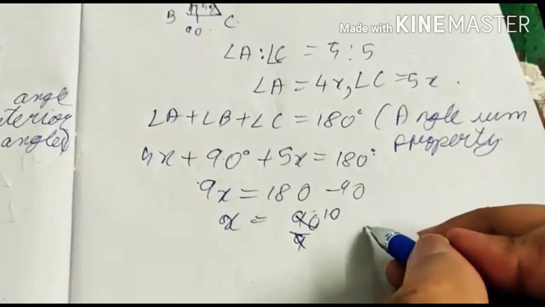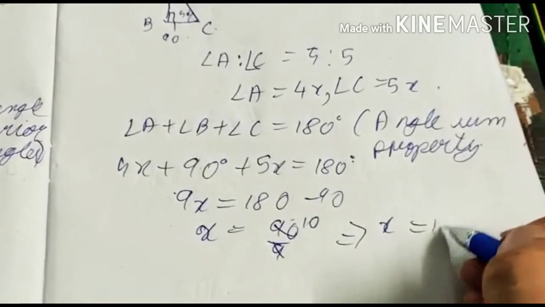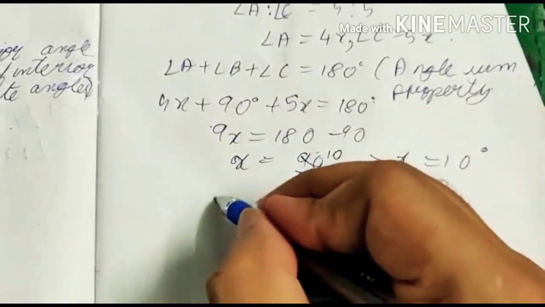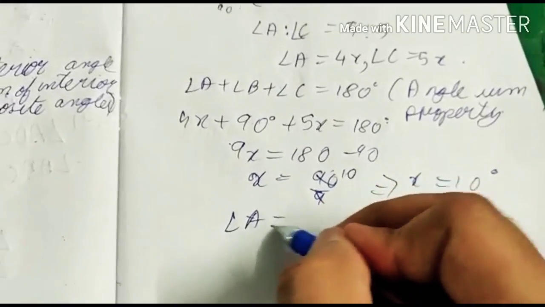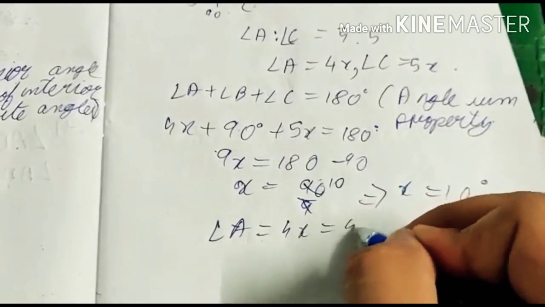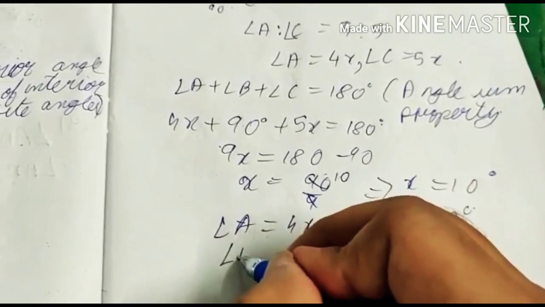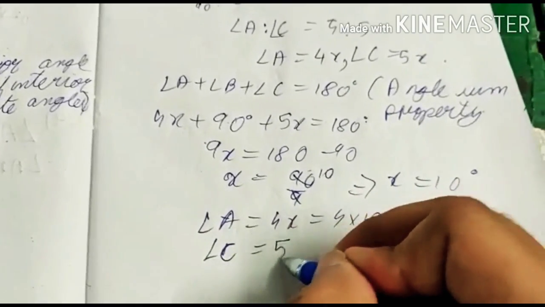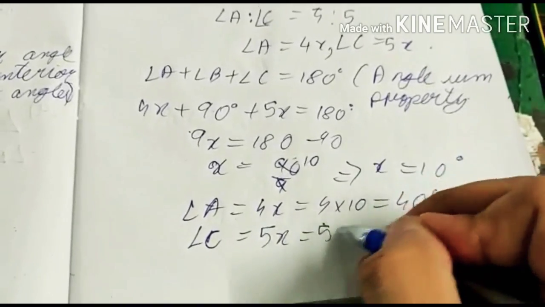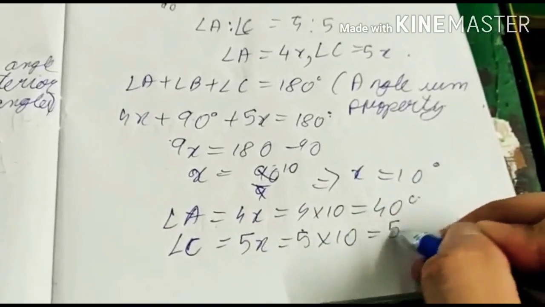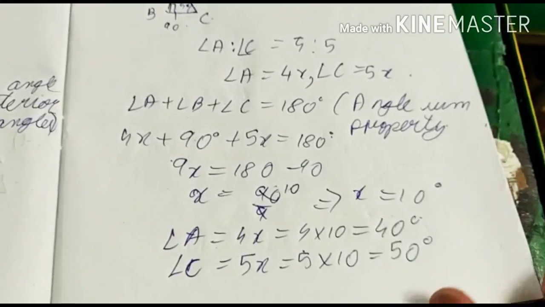This gives 10. So x equals 10 degrees. So angle A was 4x, that is 4 into 10, that is 40 degrees. Angle C is 5x, that is 5 into 10, that is 50 degrees. So these were the two angles.